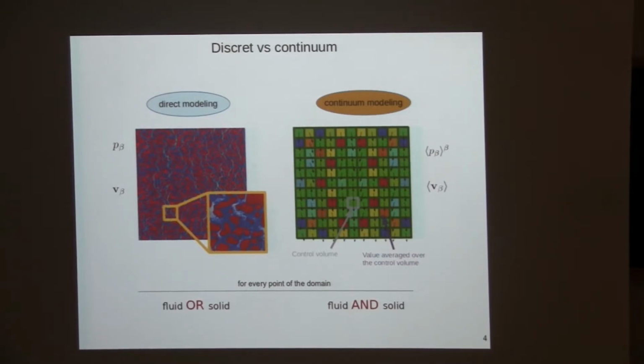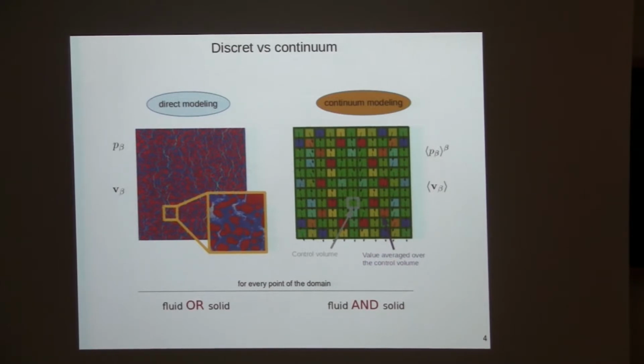On the other hand, we can have a full representation of the solid structure. Here the solid is completely resolved. This is what I'm calling direct modeling. We can also say this is pore-scale modeling. In this case, the solid structure is explicitly represented. Here you have the solid grain in red, and the fluid represented in blue.